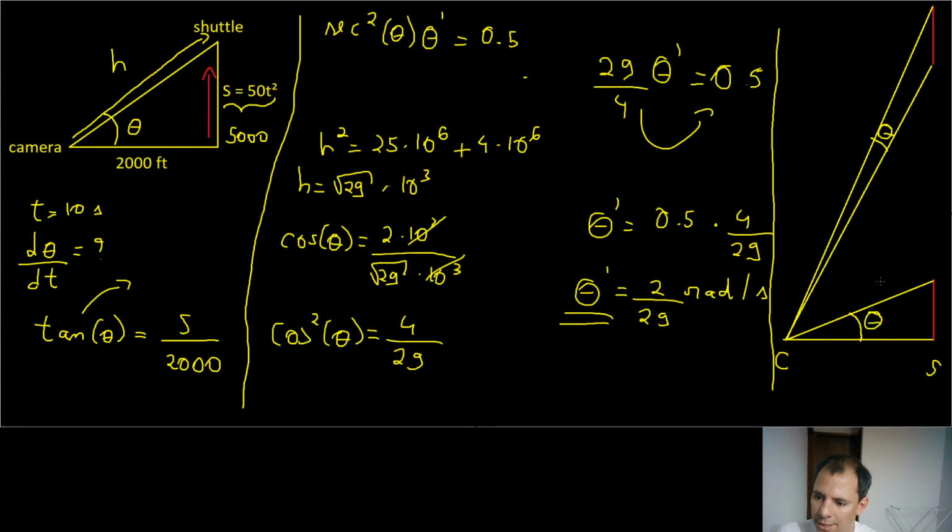This theta is a lot larger than this theta here, which is very small. This distance right here is a lot larger than this distance here.